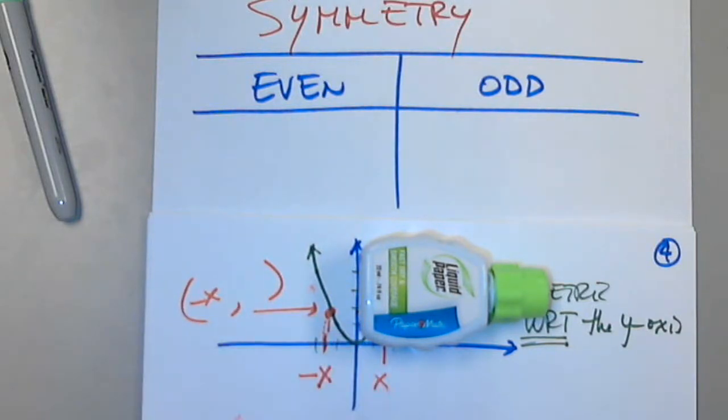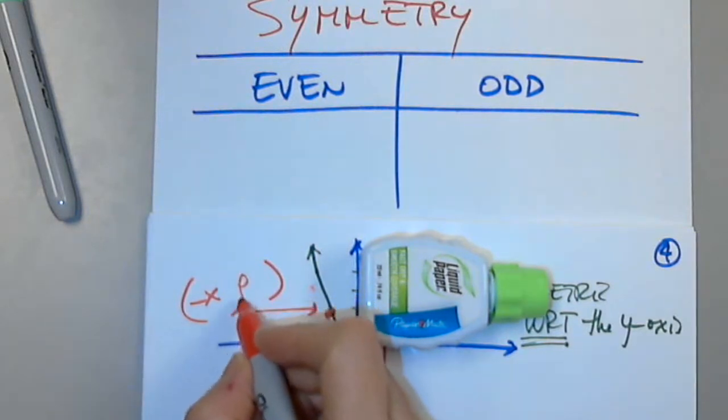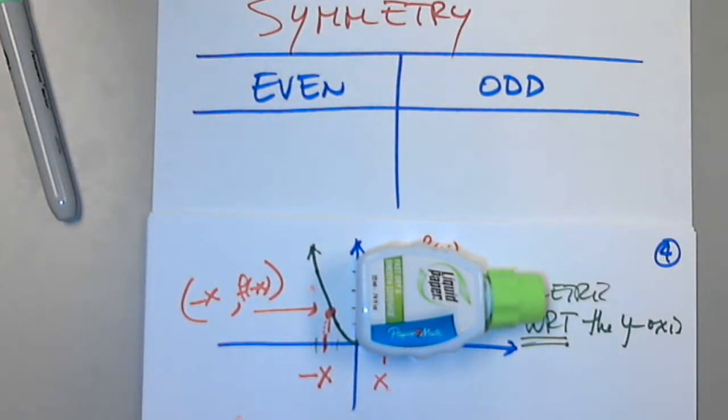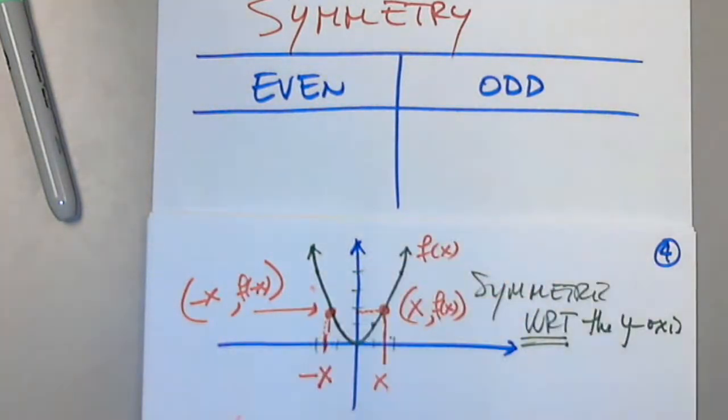Negative x, comma, negative f of x. Careful. Inverse of f, right? No, not yet. Just regular old f of x. If the x is negative x, I cannot make up whatever I want here. It has to be clear. What is it? F of negative x. Thank you. I can't. That's why I covered it, so there is no influence. But it's the same y coordinate. I'm getting to that. You're way ahead of me. Awesome.